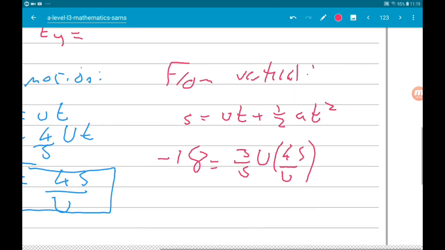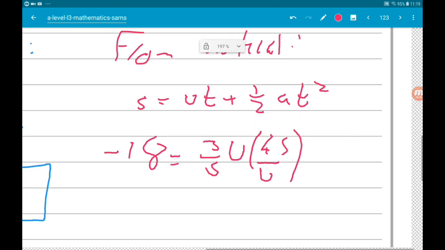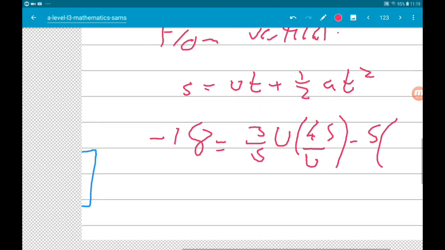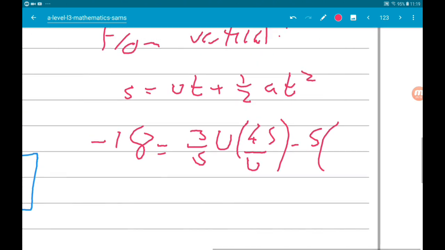And then we're going to get, so it's plus 1/2 at squared, so that's minus 5 times t squared, so 45 squared over u squared.